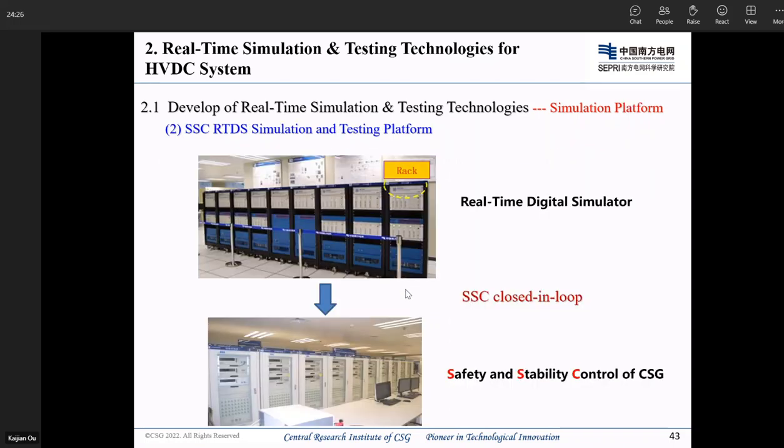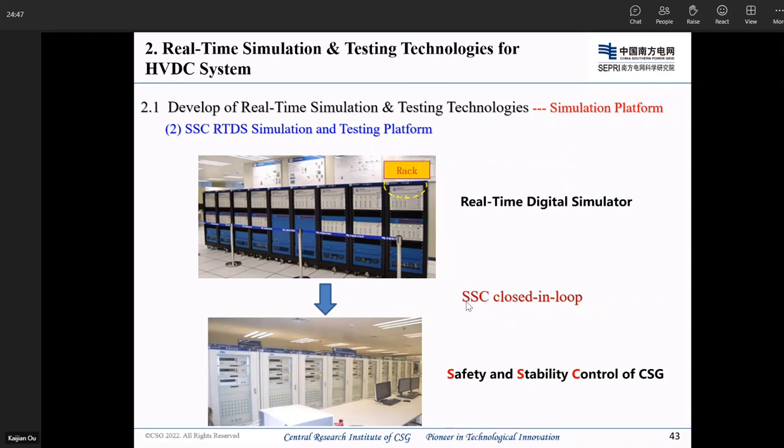And also this one is RTDS with the safety and stability control of CSG. Besides HVDC, we also have the safety and stability control of CSG connected with RTDS.